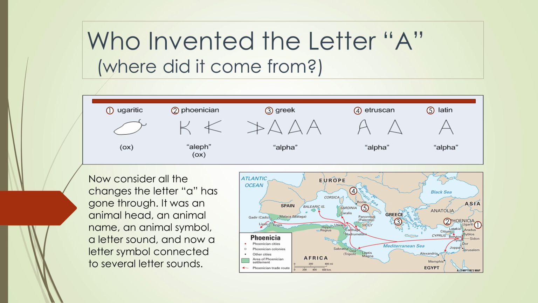But imagine that you look at number one, which is a drawing that represents a real life object. And then you look at number five, which is a monument symbol that represents a sound. That's it. It does not represent a real life object. It represents the sound ah. That's it. And look at the steps in between.